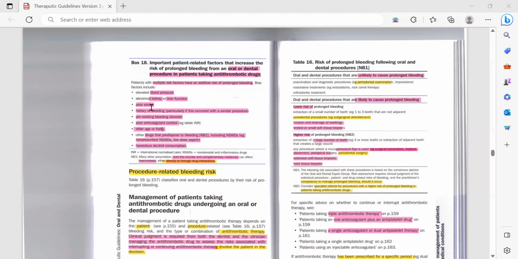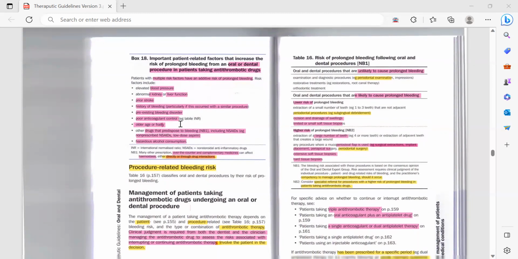Then the other risk factors could be abnormal kidney or liver function, prior history of stroke, history of bleeding, pre-existing bleeding disorder, poor anticoagulant control. It means his INR is not stable.